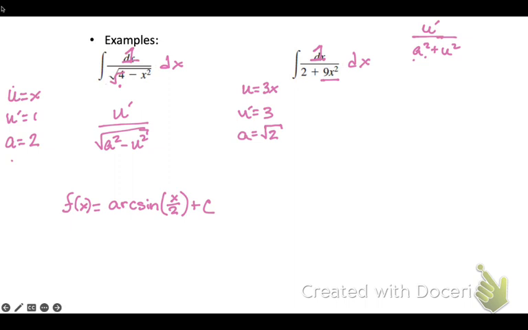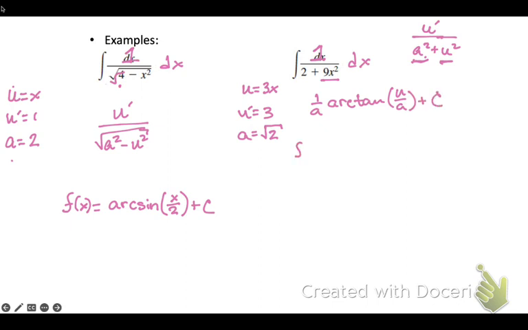Now we're struggling with that, aren't we? We say, which one does it look like? And the rule is u prime over a squared plus u squared. So I have to take the square root of those things in the denominator. Okay, so it equals then 1 over a arc tangent of u over a plus c.